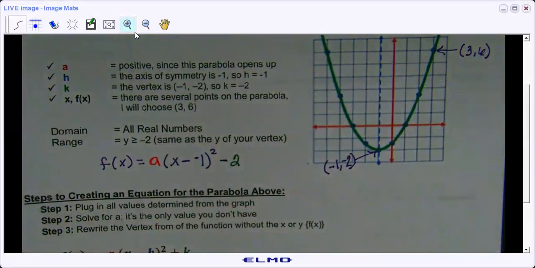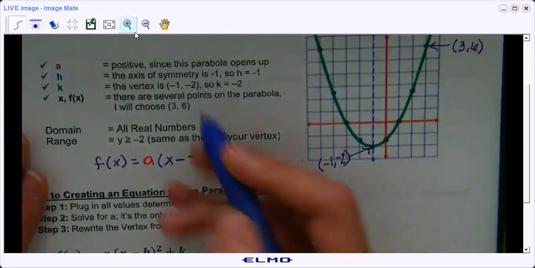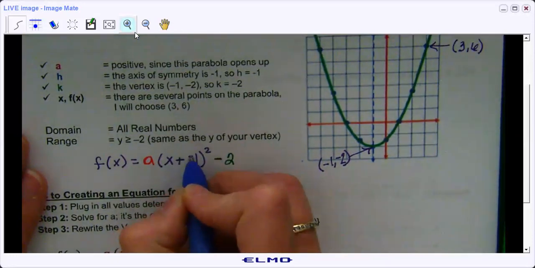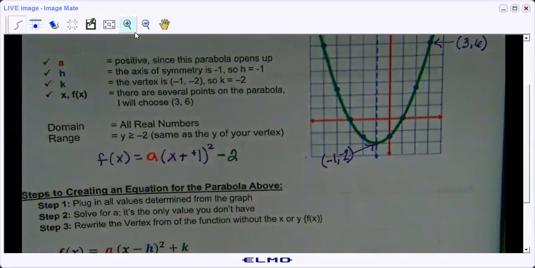Now, going back to the H, we don't write it as minus a negative, right? What we do is we change it to adding the opposite. So really that would be X plus 1, not X minus a negative. So by looking at all these factors of a vertex form of an equation, we can easily create the equation and we can graph the parabola.